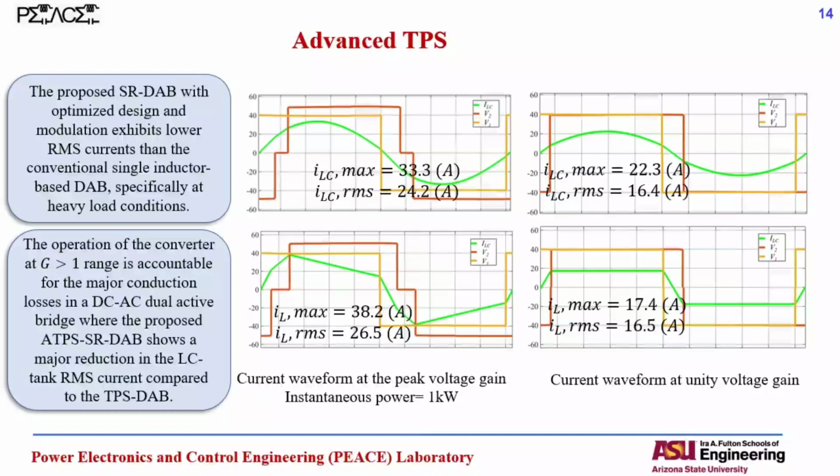This advanced triple phase shift modulation is also verified in the simulation environment, where you can see that at the peak voltage gain, where we need to transfer around 100 kilowatts of power, we are experiencing a lower maximum current through the transformer windings with the LC configuration and with the optimized modulation. You can see here that the maximum current is also limited.